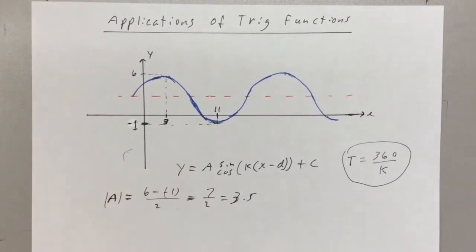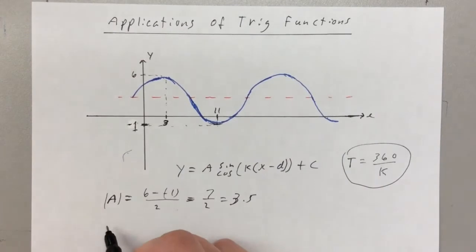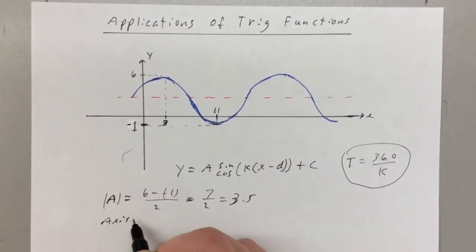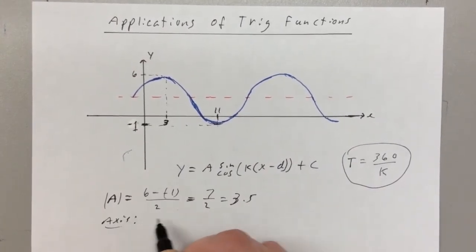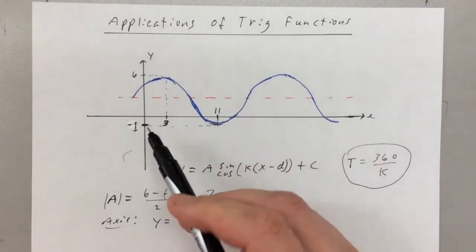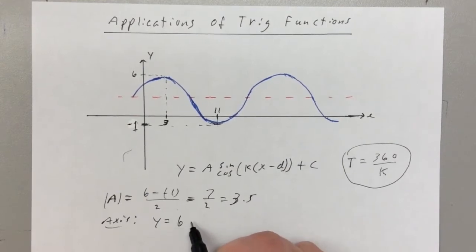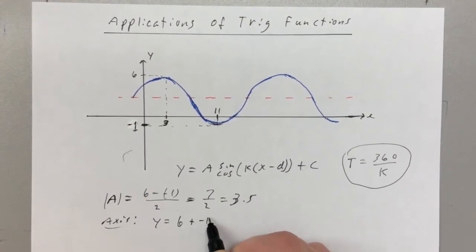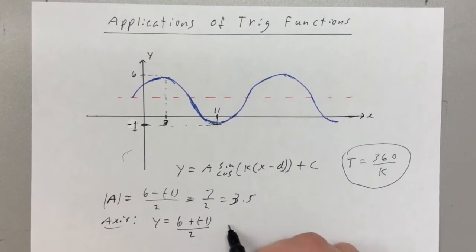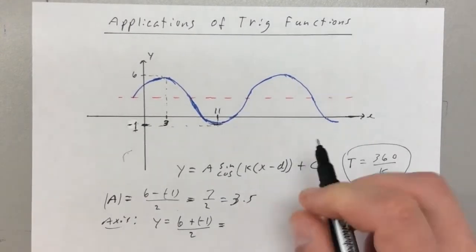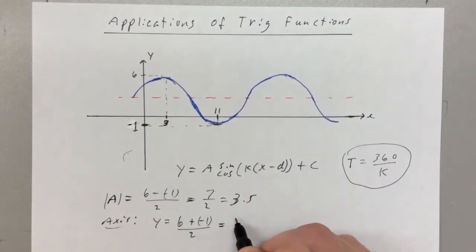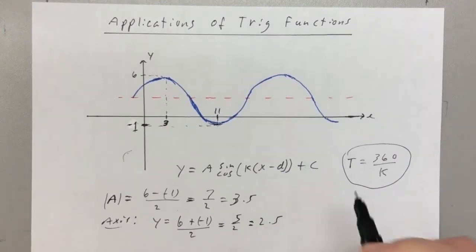Okay, and the axis, well, that's going to be y equals the minimum plus the maximum, so 6 plus -1 all over 2, which equals 5 over 2, 2.5.